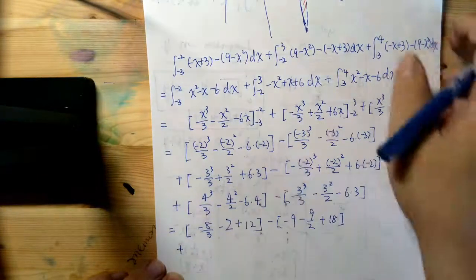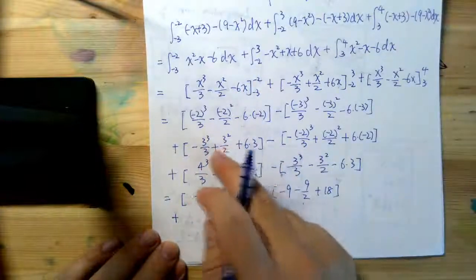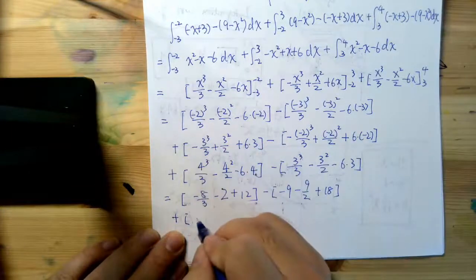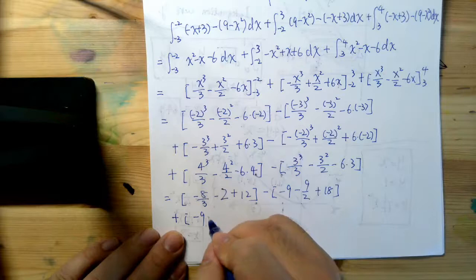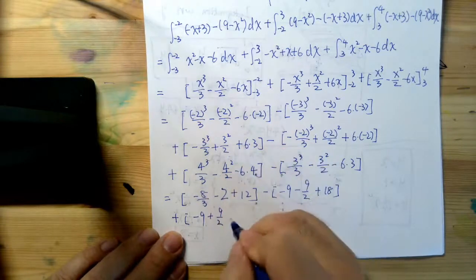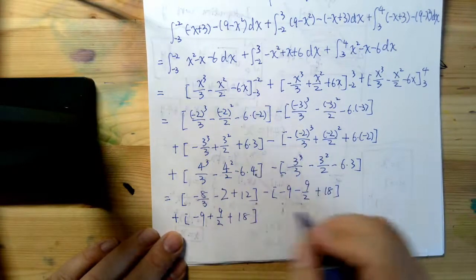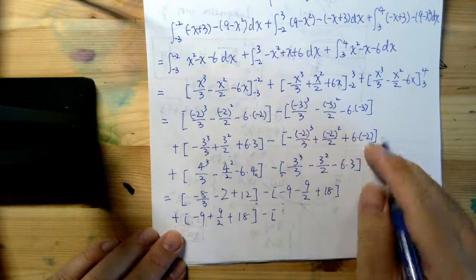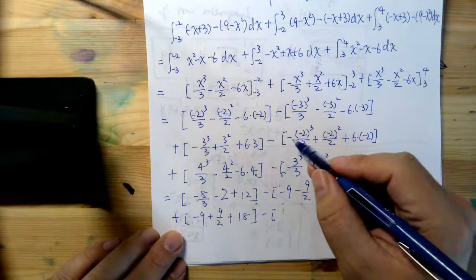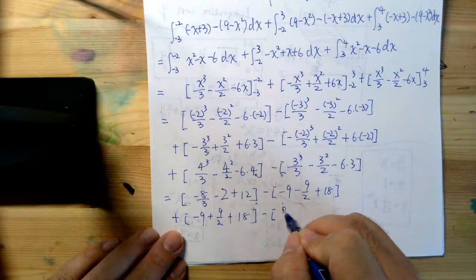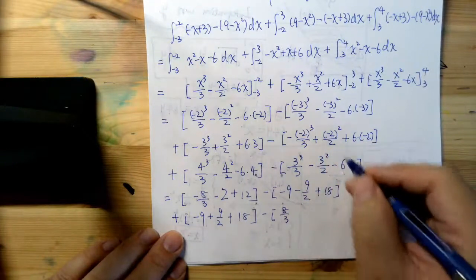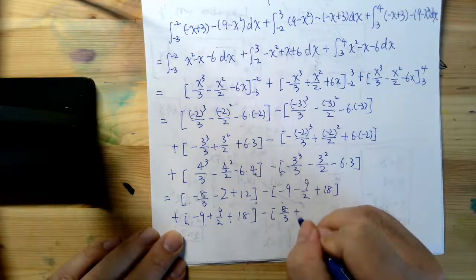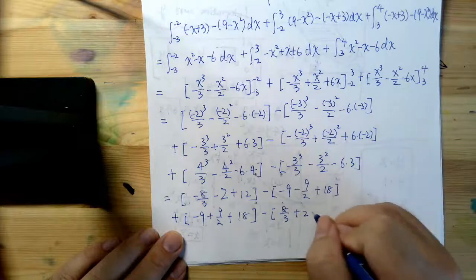And then plus, let's simplify this part. You're going to have negative 9, 9 over 2, plus 18, minus, you have a negative, it's going to be 8 over 3, positive, plus 2, minus 12.